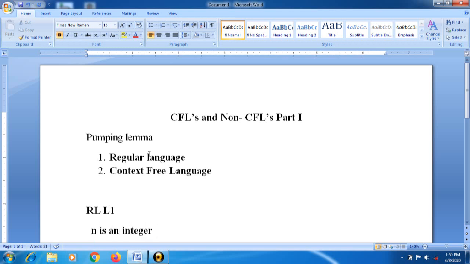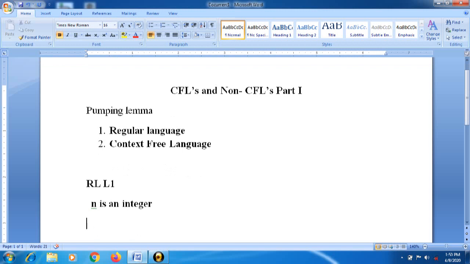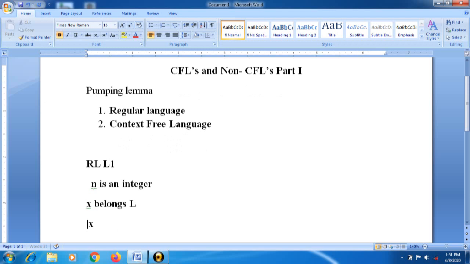Then x, small x, is a string which belongs to the given regular language L1, where mod of x is always greater than or equal to n, because n is our integer value and x is the string which belongs to language L1, which we have considered as a regular language.